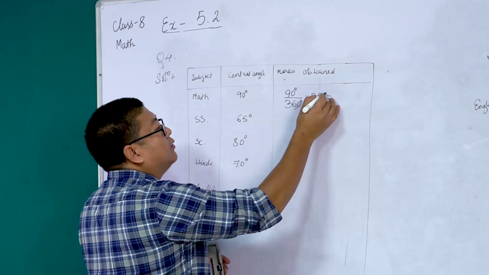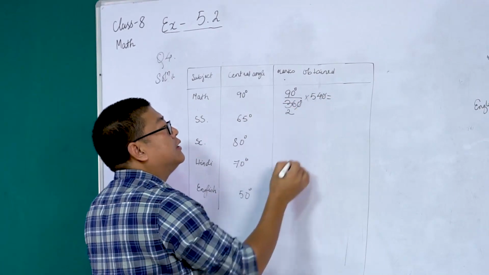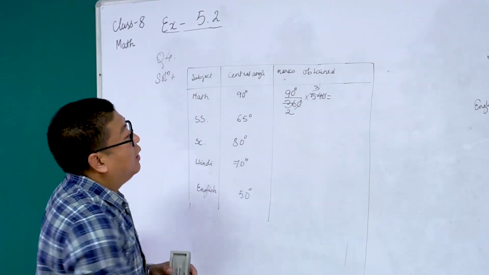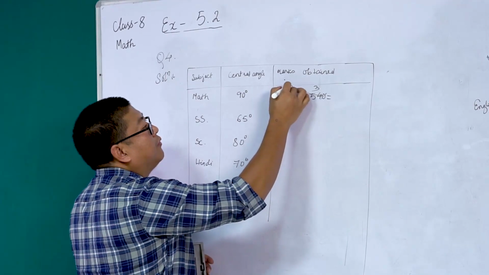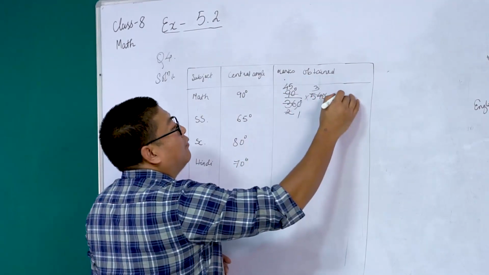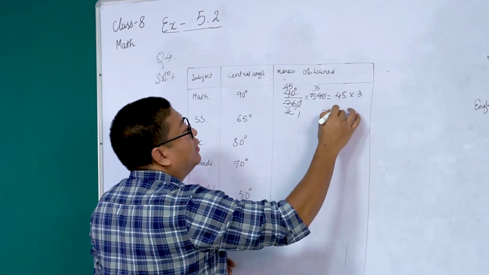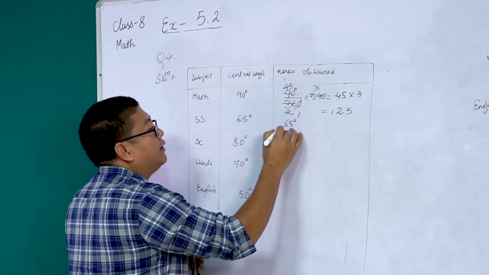So we cancel 0, 0. And here we will cancel 18 into 2, 36. 18 into 3, 54. So you are getting 45 into 3, which is 135. Now similarly, let me write this down first.